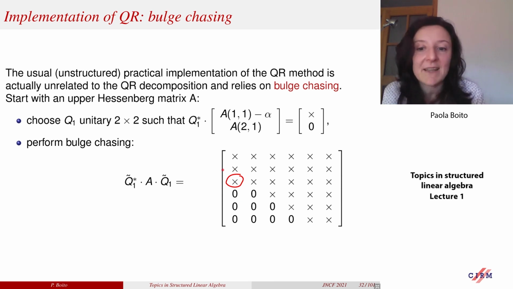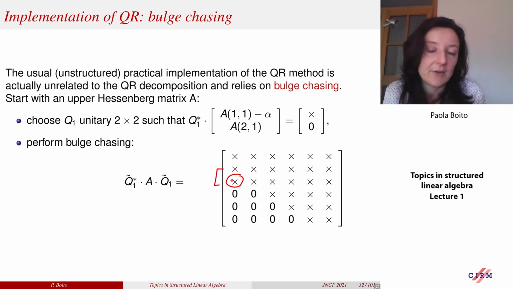So we want to eliminate the bulge. And so we look for another 2x2 transformation called Q2 that acts on the second and third row and puts a 0 here. Now we have a 0.